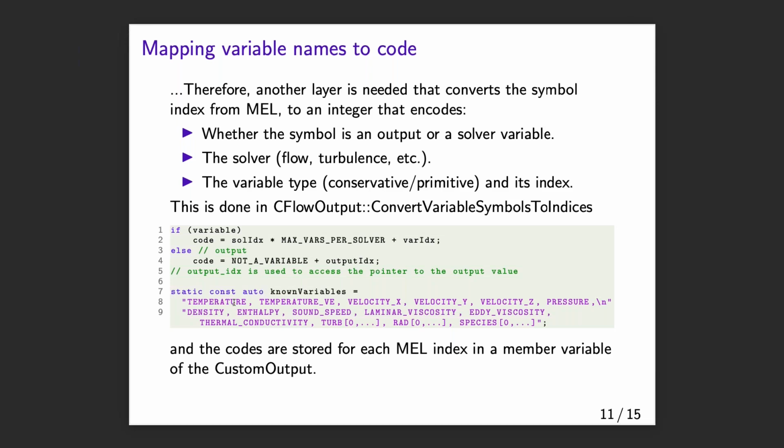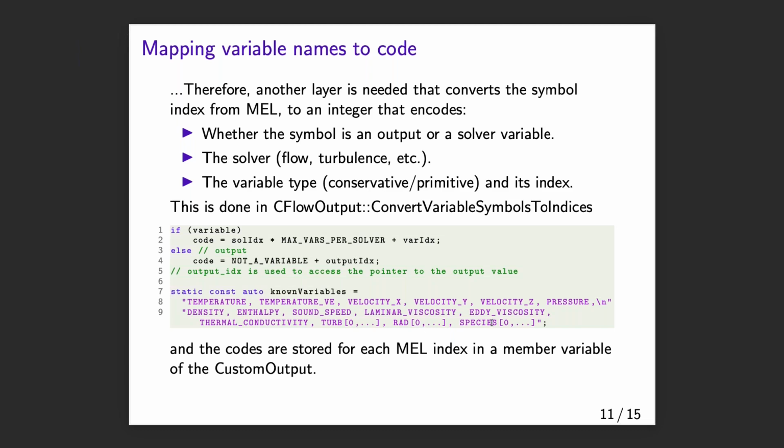And these are the variables that are covered in the implementation right now. So it's all the flow solver primitives and also the turbulence variables, which are just referenced in this way if there's more than one. So turb square brackets 0 to access the first one, square brackets 1 to access the second variable.